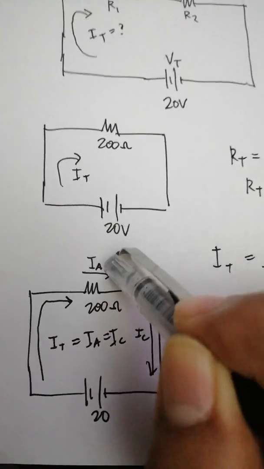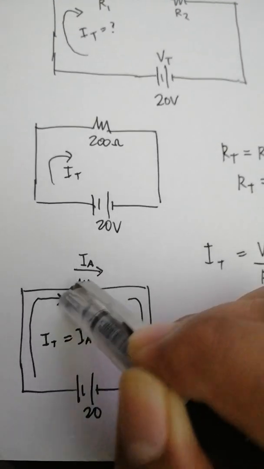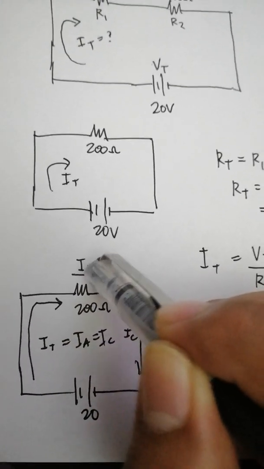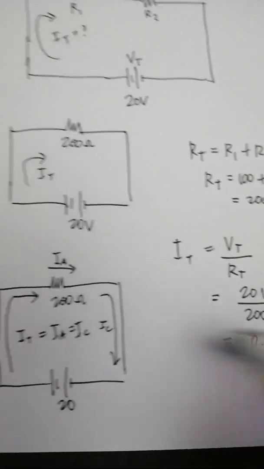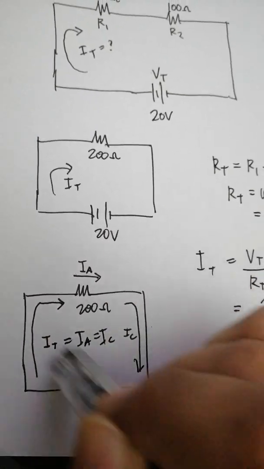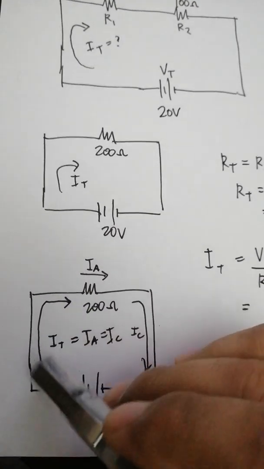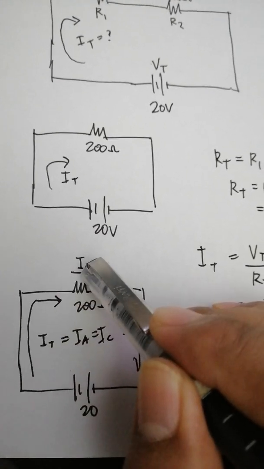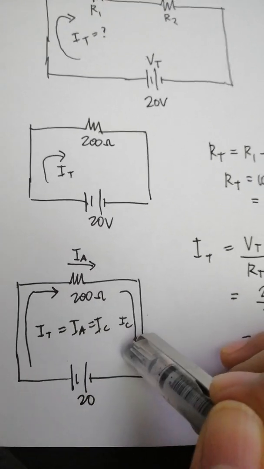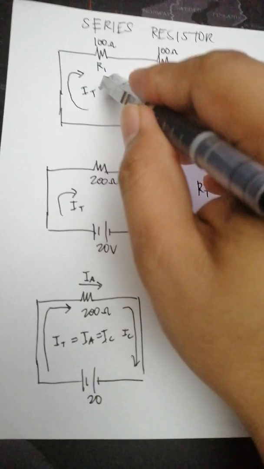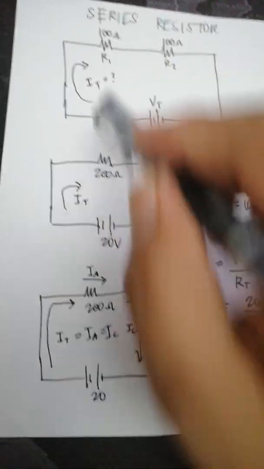The IA, the current flowing to the 200 ohms, is equivalent to 0.1 ampere because this one is a closed circuit, right? The I total will be equal to IA and then IC here. Now that's the series resistor, how to get the current, right?